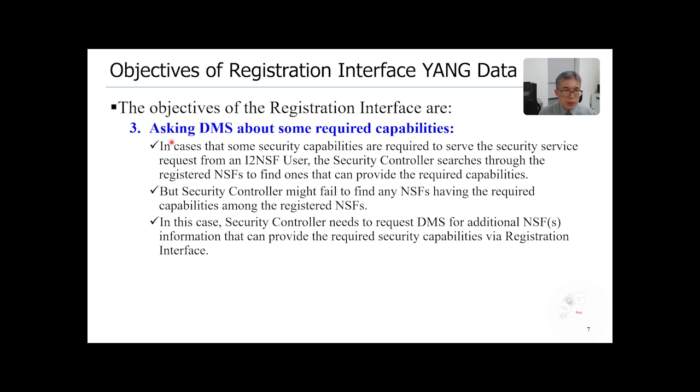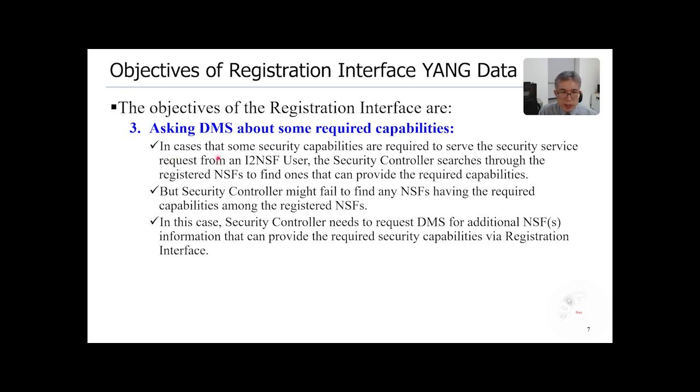The third objective is asking the DMS about some required capabilities. When a high-level policy is delivered from the I2NSF user over the consumer-facing interface to the security controller, the translator tries to translate the high-level policy into a low-level policy. If there is no NSF to certify or enforce the requested security function, this query is used.